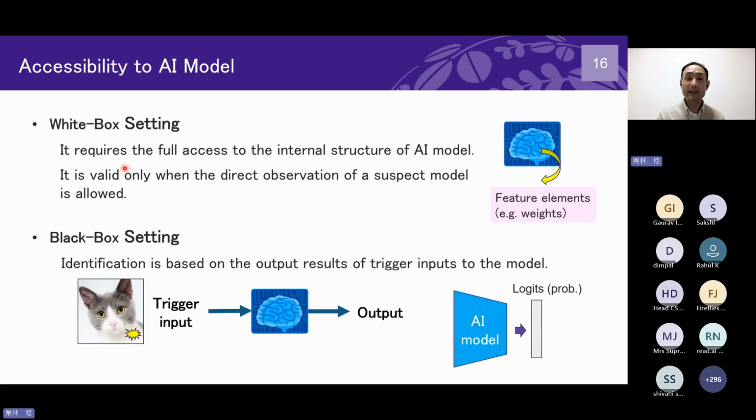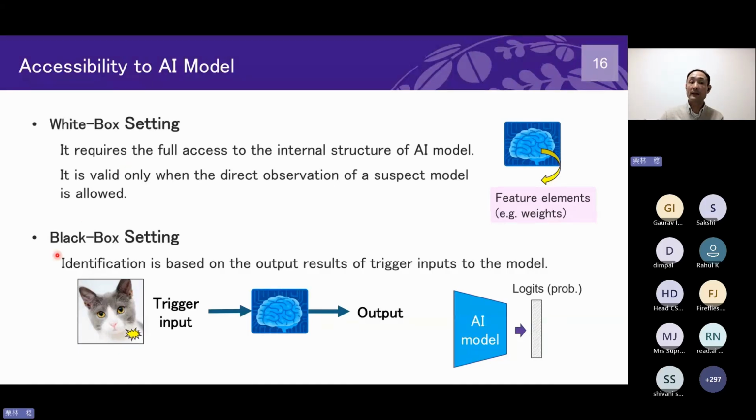In general, it is difficult. As you know, the illegal party, the malicious party, will try to defend, will try to protect their stolen model, right? So this white box setting is a very realistic situation, but in general, it's difficult for the owner to have full access to the internal structure of the AI model.